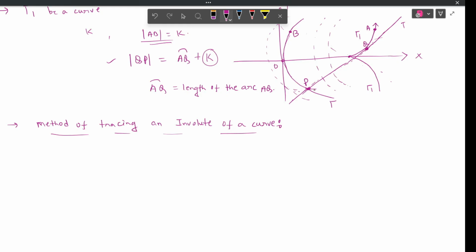So there exists a family of involutes of a curve. These are the family of involutes. The family of involutes are drawn as dotted lines. So let us see by one example.